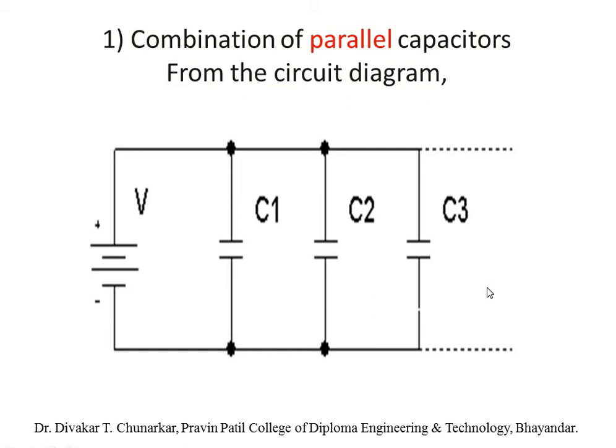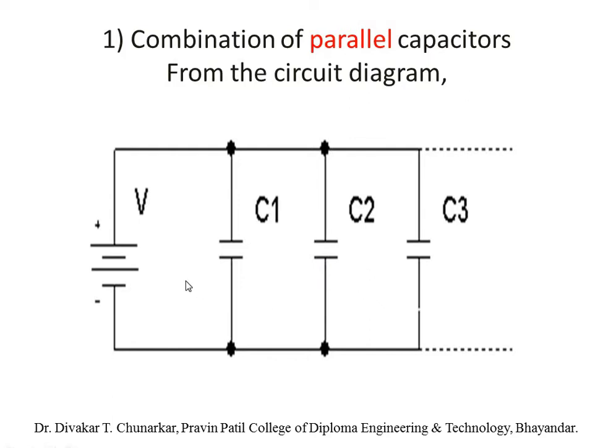So today I will derive the equation of parallel capacitors. This is the circuit diagram of parallel capacitors. Here C1, C2, C3 are the capacitors connected in parallel in the circuit, and V is the potential difference applied in the circuit.